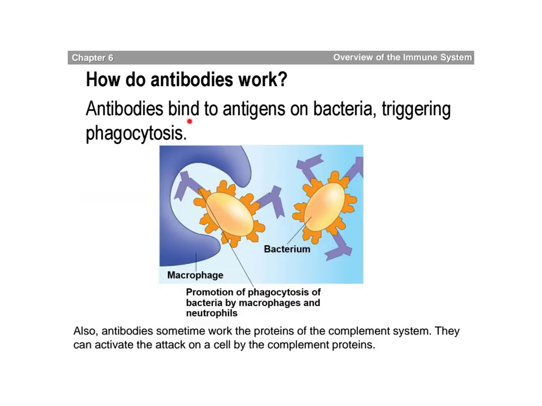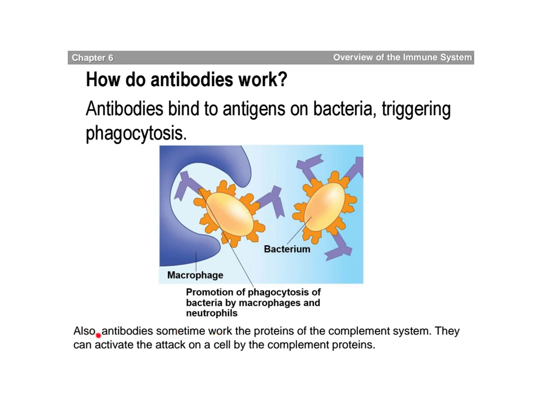Antibodies can also work by binding to antigens on bacteria. These antibodies would then serve as a signal to a macrophage or other type of phagocytotic cell, such as a neutrophil. These would then engulf the bacteria and destroy them.